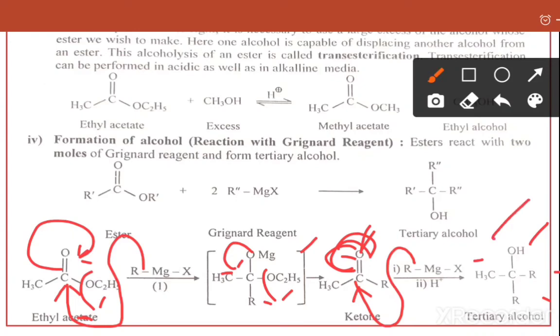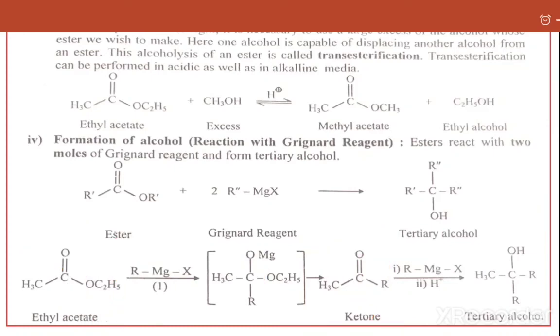That means formation of tertiary alcohol. So this is a simple way in which the ester is converted into alcohol. Ester treated with 2 moles of Grignard reagent definitely gives the tertiary alcohol.